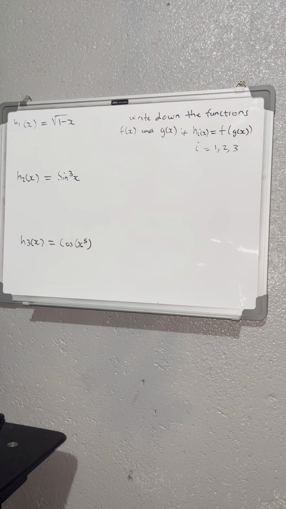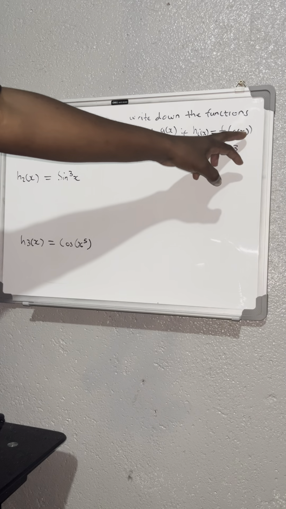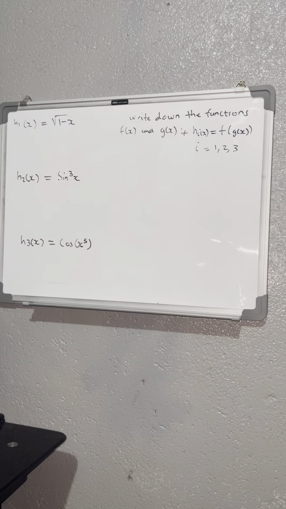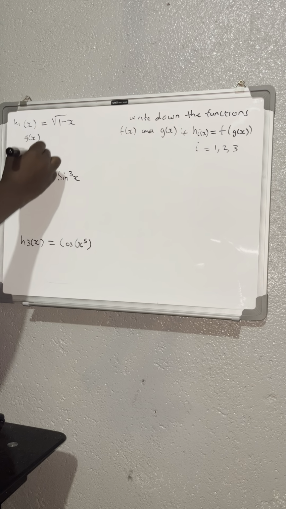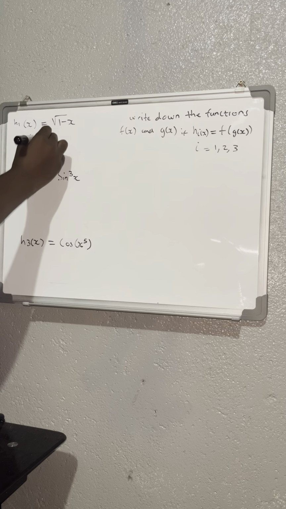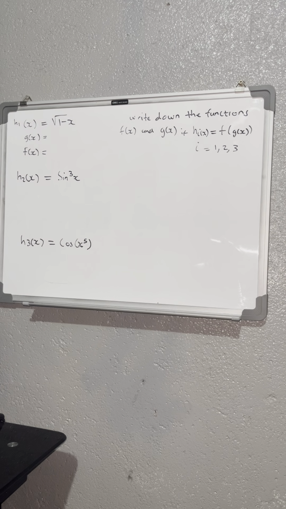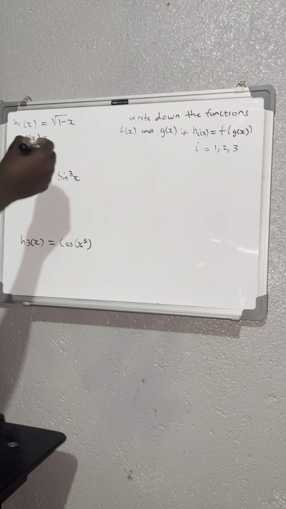Basically they're just telling you in each and every graph you have to find your f of x and your g of x, which is the internal one. So we're going to start with the first one and say, okay, in this graph, what do we have? You have your g of x and also your f of x, the way we have been doing the question. If I'm going to consider this function, what would be my internal function?